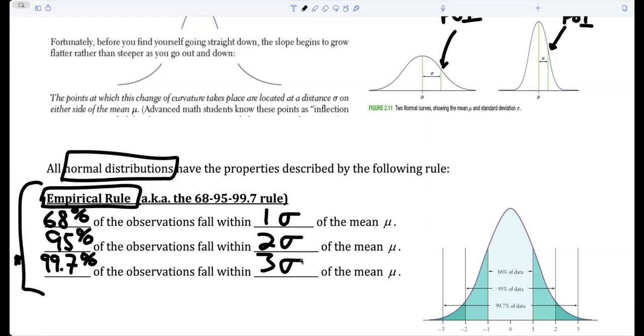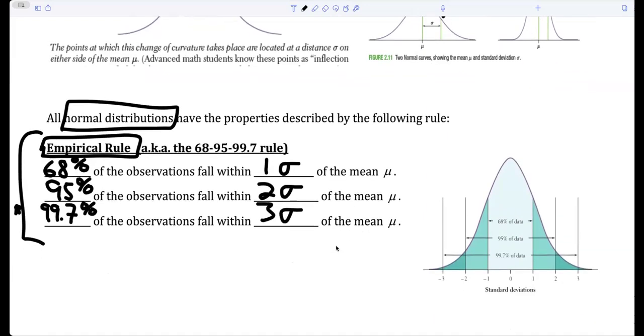Okay, so that means, look up here at this little graph. If I have a standard normal distribution, which we'll talk about in just a second, okay? It's centered here at the mean, and let's say that the mean is 0 and the standard deviation is 1, then 68% of all that data will be within 1 standard deviation of the mean.